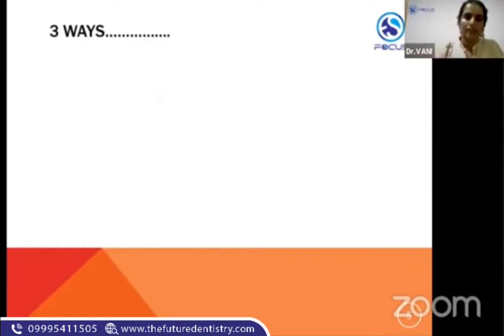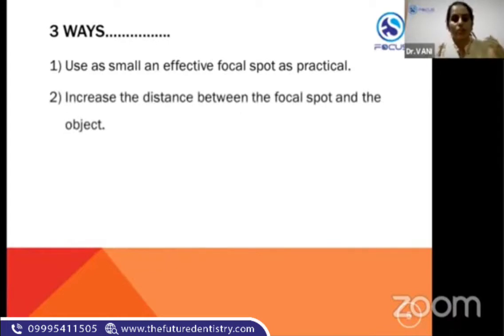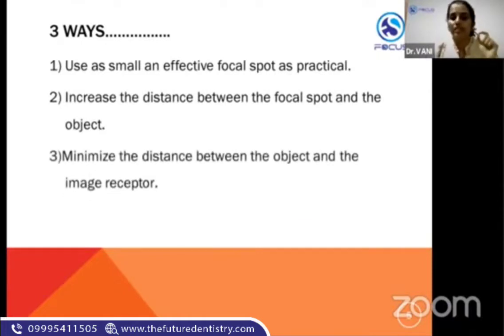The first is to use as small an effective focal spot as possible. The second is to increase the distance between the focal spot and the object. The third is to reduce the distance between the object and the image receptor. Now let us have a look at all these principles one by one.